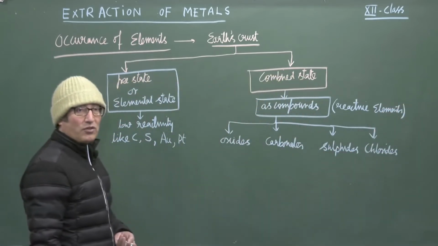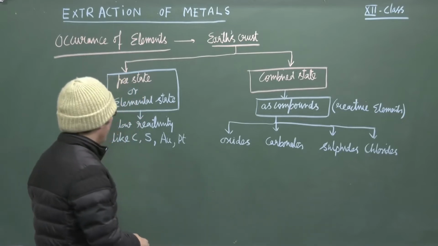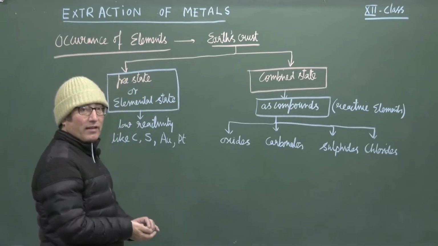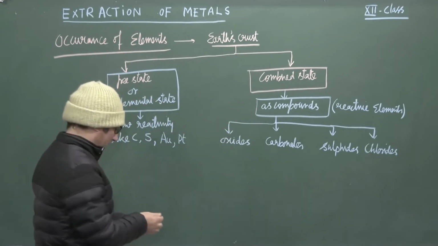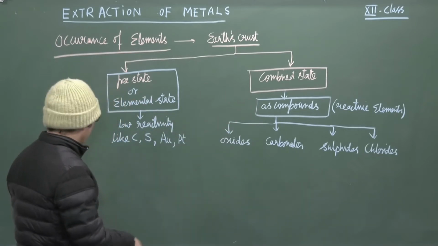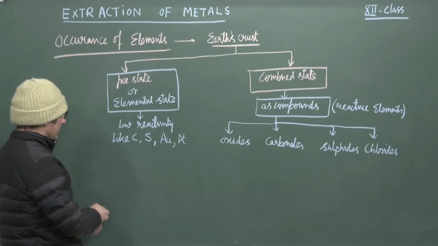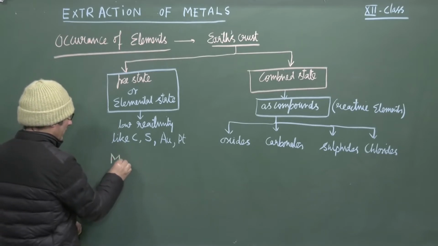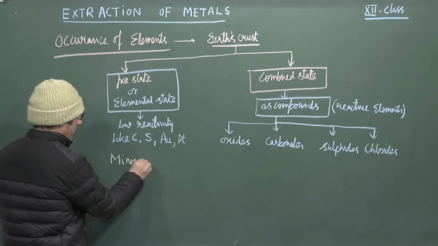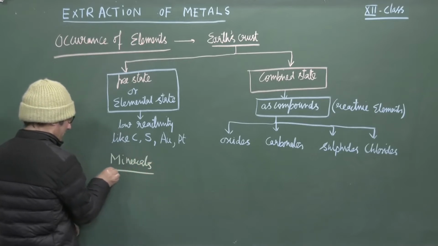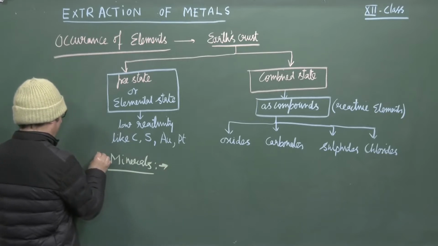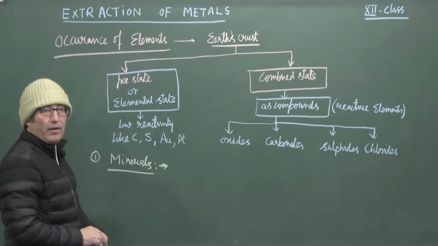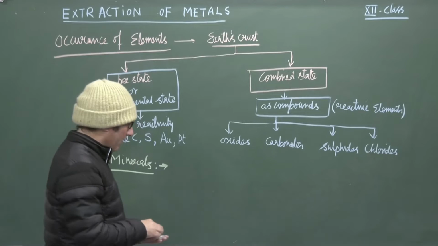Now those natural forms in which elements exist in nature, either in free state or in combined state, those natural forms of substances, they are called minerals. Now what are minerals?